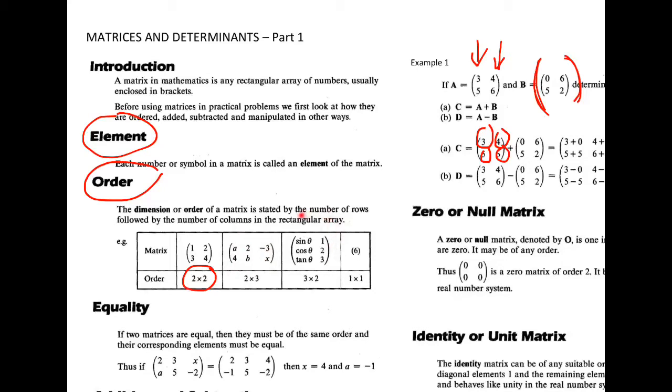And this one here, we've got 3 rows and 2 columns. So basically this is the order of a matrix, or the dimension. So when you hear the dimension or the order of a matrix, what we mean is the number of rows by the number of columns.